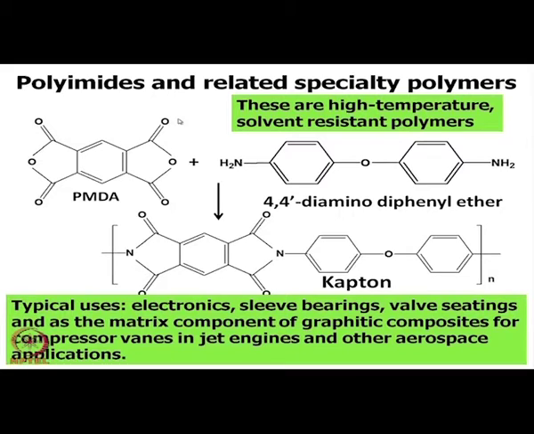This tetrafunctional monomer, in the form of anhydride or tetracarboxylic acid, reacts with a diamine, this diamino diphenyl ether. At the 4 and 4 prime positions, 2 amine groups are present. This contains these 2 aromatic rings.